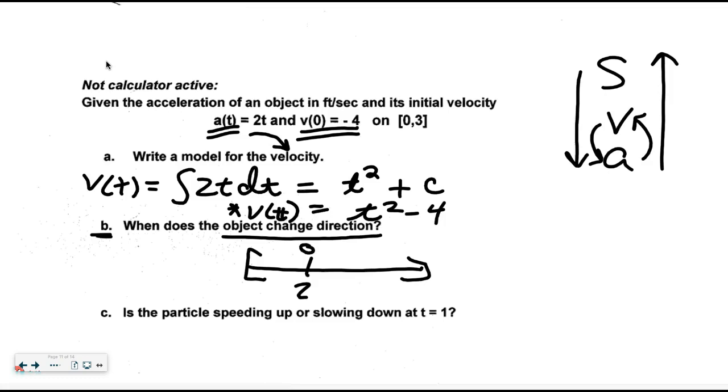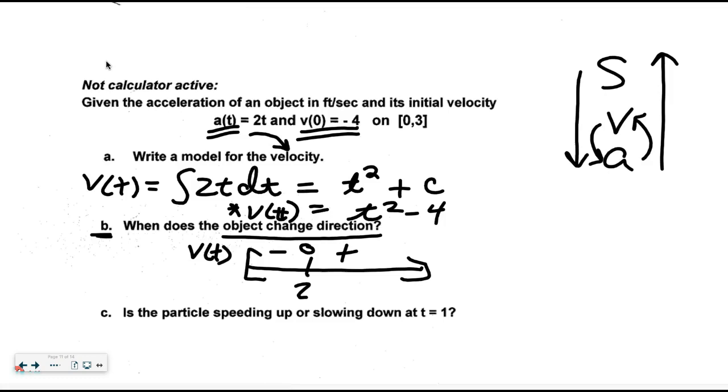So put a 0 right here for your velocity, then plug in. Go ahead and test to the left, and test to the right. It'll be a quick little test. So answer the question: when does the object change directions? When t equals 2. And if I say justify, you'll say because this is when the velocity changes signs.